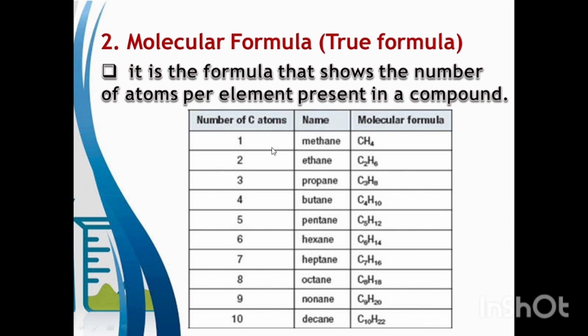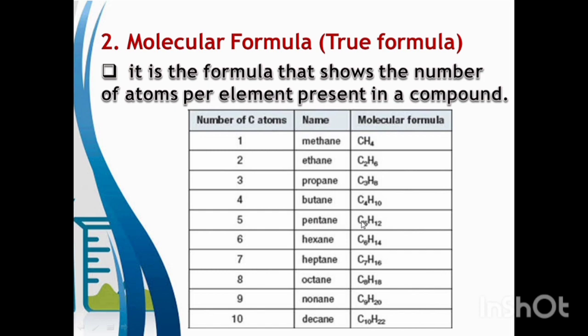Number 1, methane has 1 carbon and 4 hydrogen. Ethane has 2 carbon and 6 hydrogen. Propane has 3 carbon and 8 hydrogen. Butane, C4H10, or 4 carbon and 10 hydrogen.